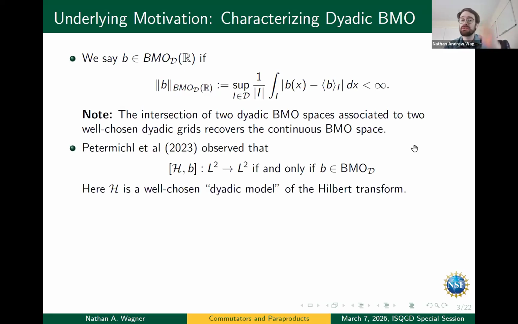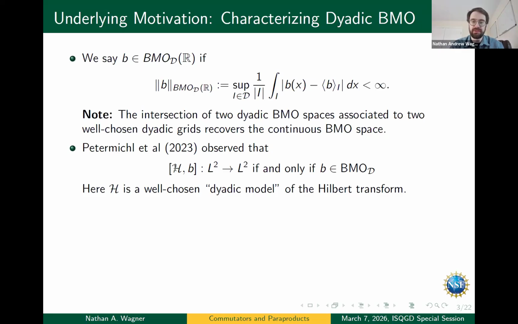There are also characterizations of dyadic BMO in terms of dyadic operators. So, a recent result due to Petermichl and collaborators says that the commutator of a well-chosen dyadic model of the Hilbert transform and multiplication by b is L2 bounded if and only if b belongs to dyadic BMO. This result was actually proved in the biparameter setting by Petermichl.